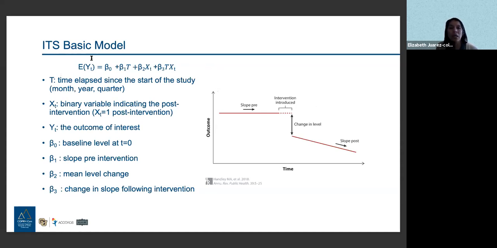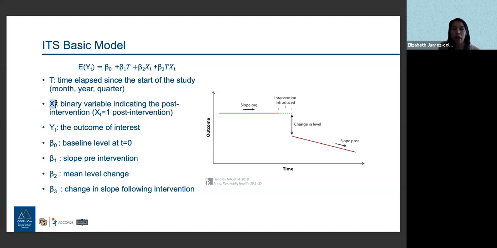So for example, here we're modeling the mean outcome as essentially a linear model that depends on a binary indicator of the pre-intervention period and the post-intervention period.